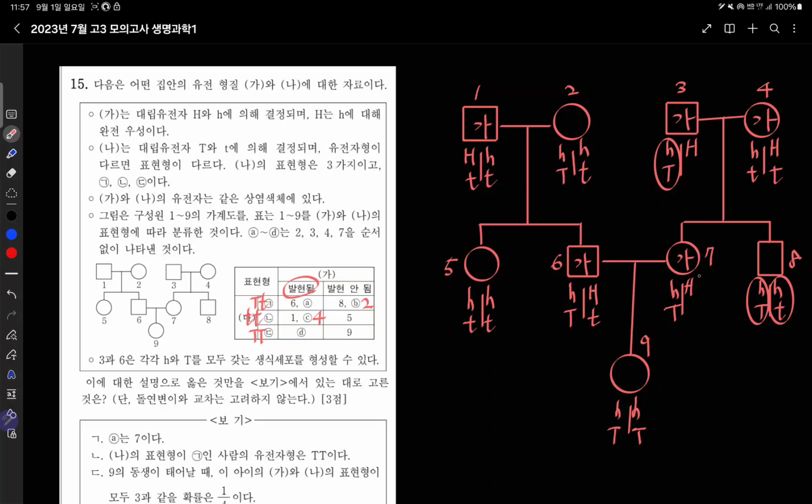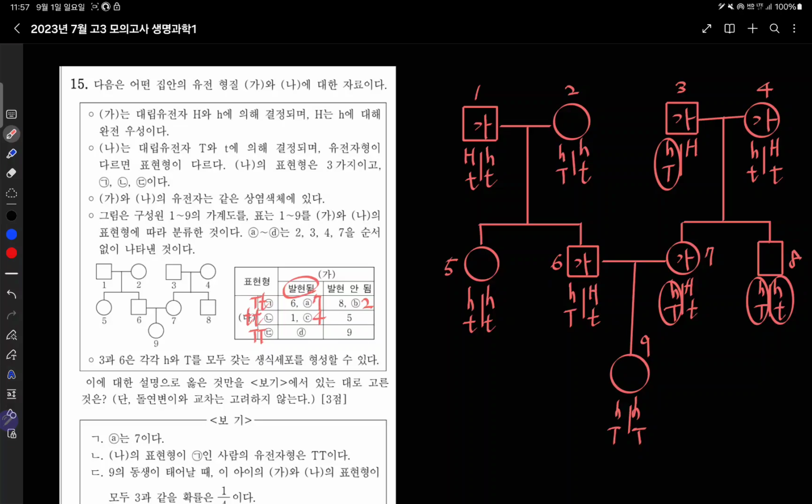And for number 7, the chromosome with a lowercase h and capital T allele comes from her father, so she receives a chromosome with capital H allele and lowercase t allele from her mother. That means number 7 goes to A.